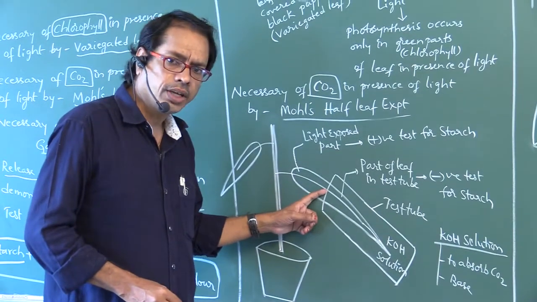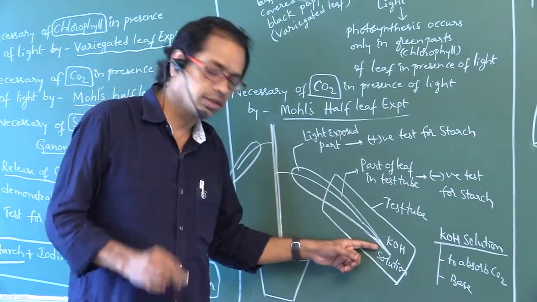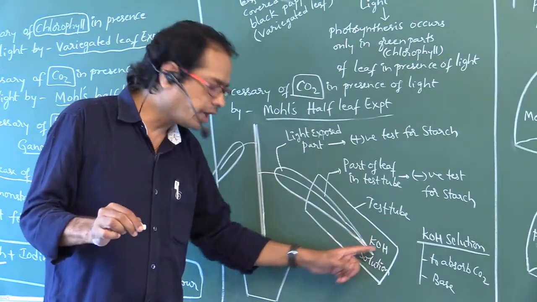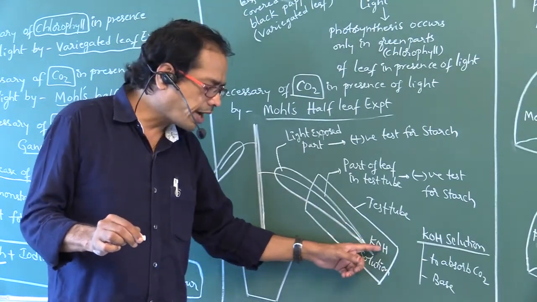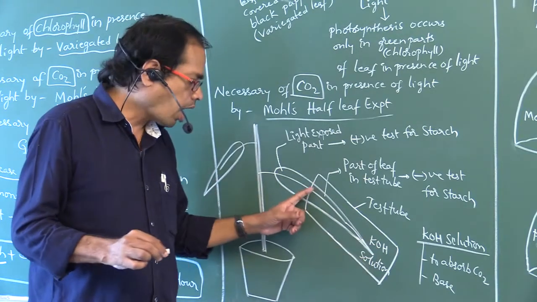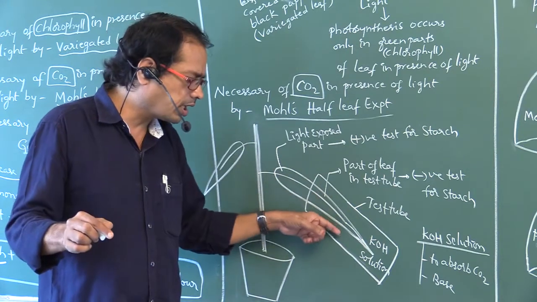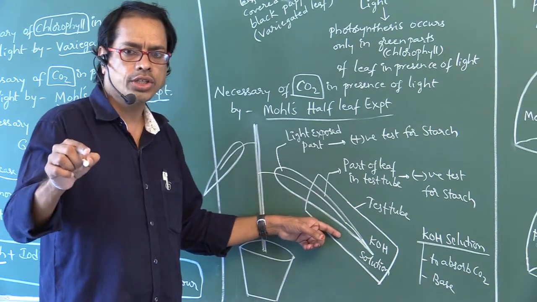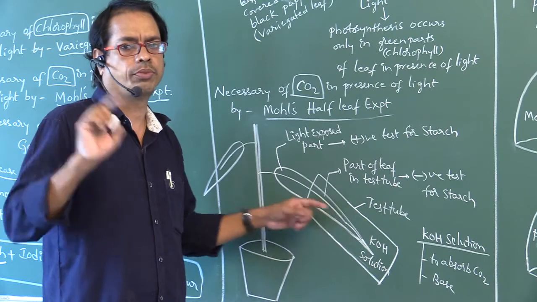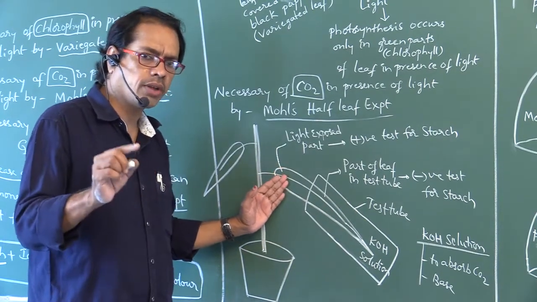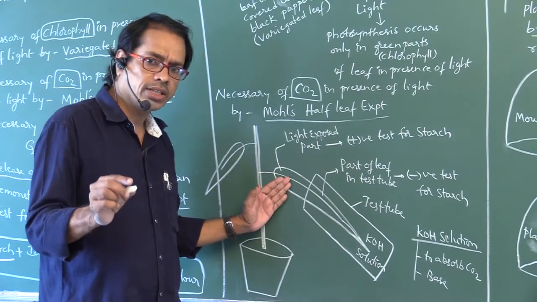Half of the leaf is immersed in the test tube. The test tube is filled with KOH solution, potassium hydroxide solution. The terminal part of the leaf is immersed in KOH solution placed in the test tube, and the lower part of the leaf will be called the exposed part.